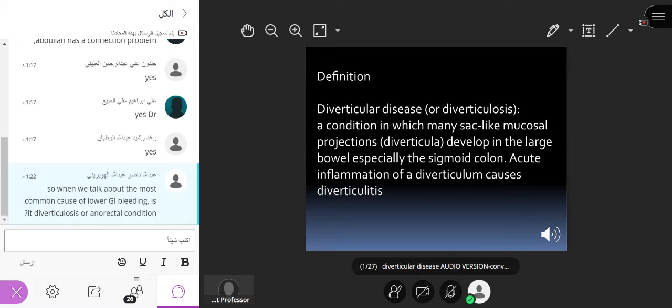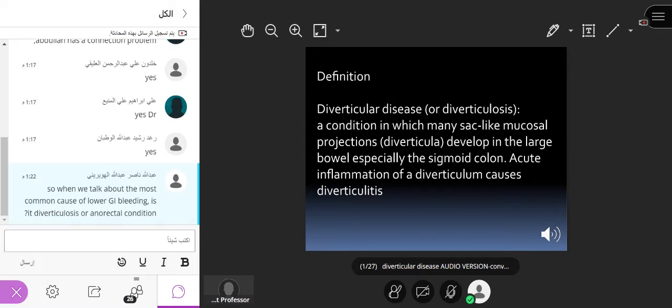A condition in which many sac-like mucosal projections, which we call diverticula, develop in the large bowel, especially the sigmoid colon. If acute inflammation occurs in the diverticulum, we call it diverticulitis. Otherwise, it is diverticular disease, or we call it diverticulosis.